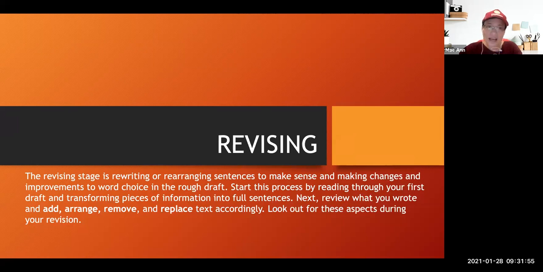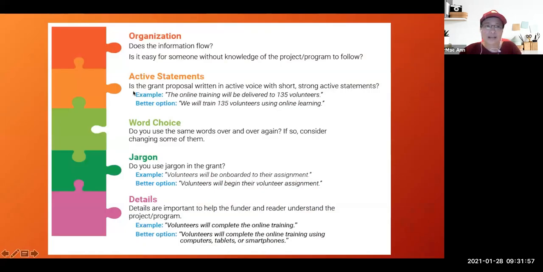I have some examples. When you do your organization, you ask yourself, does the information flow? Is it easy for someone without knowledge of the project or program to follow? Is it easy to understand? The next one is active statements.